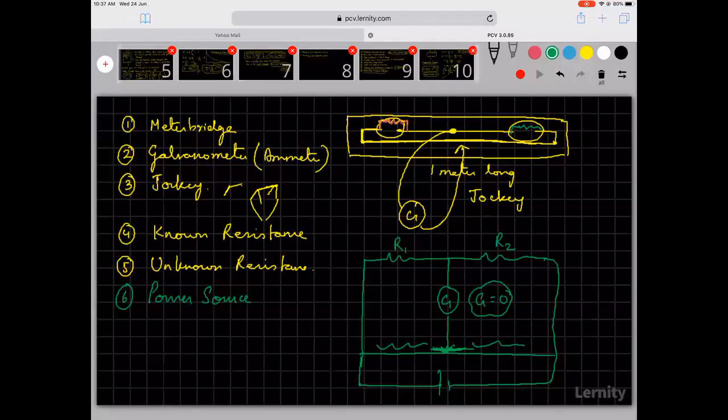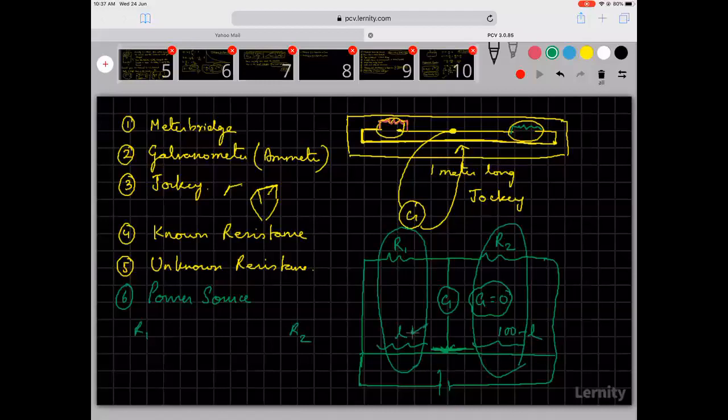Now, if it's a balanced Wheatstone bridge, this ratio must be equal to this ratio. Because this is 1 meter long, if this has some length L, this will have 100 minus L. So R1 and R2.